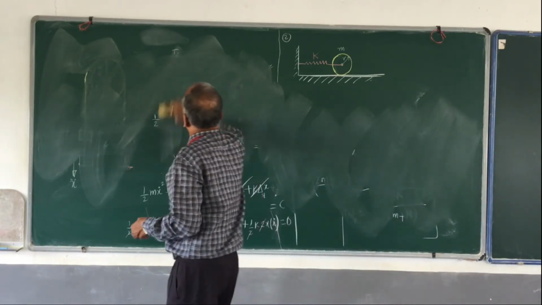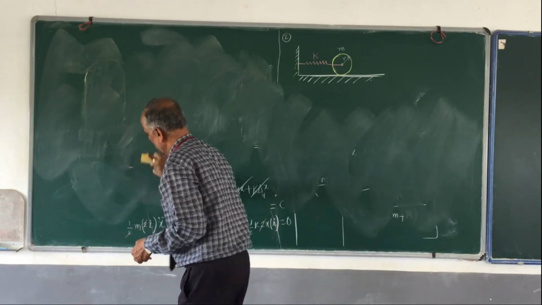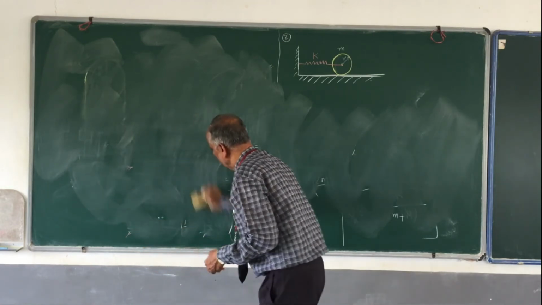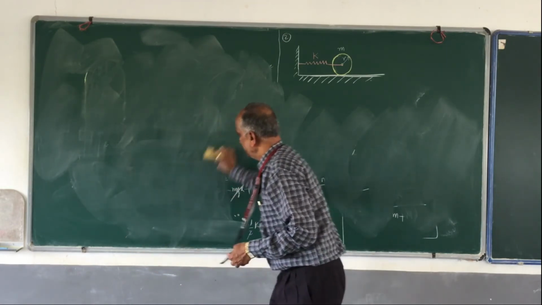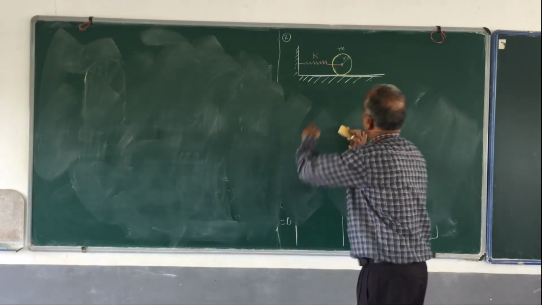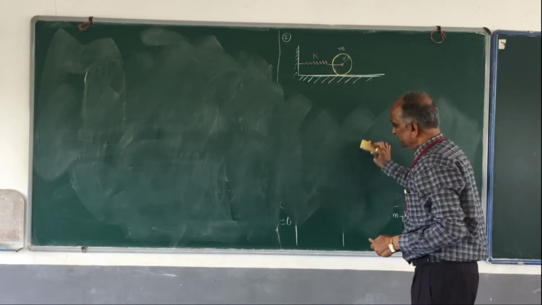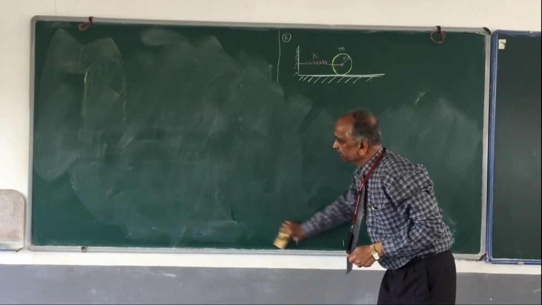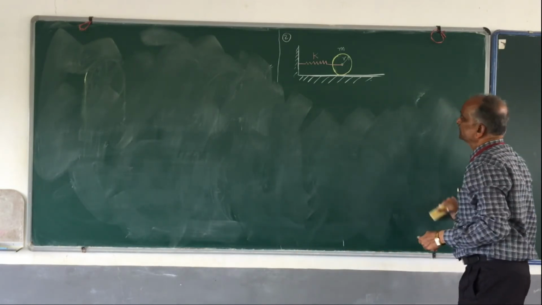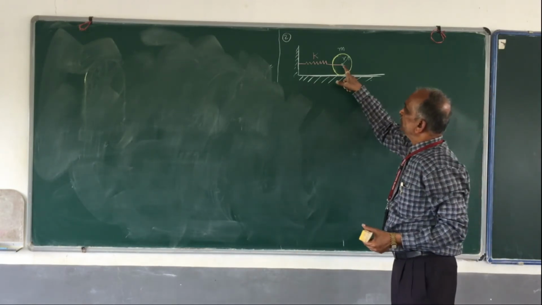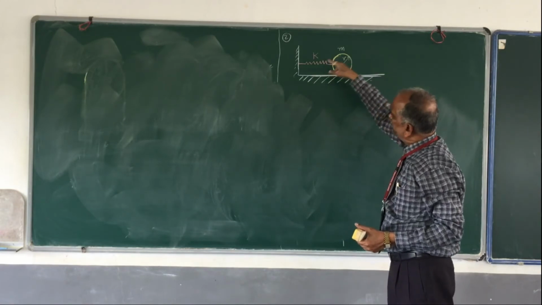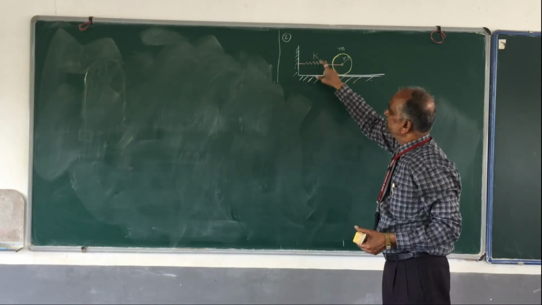Okay, Anil. The system is relatively simple here. I have a cylinder of mass m whose radius is r. There is a through hole here and I have connected a spring.